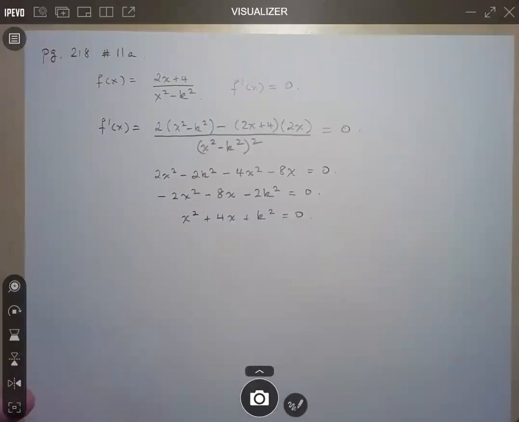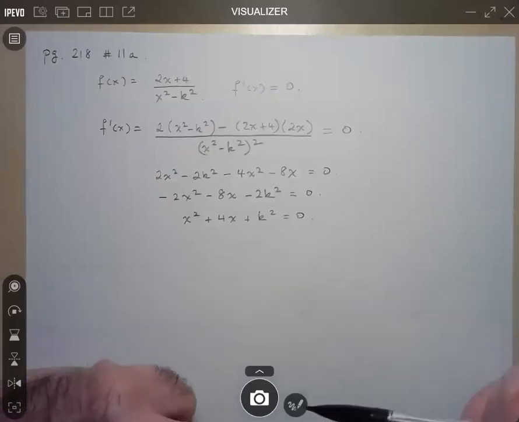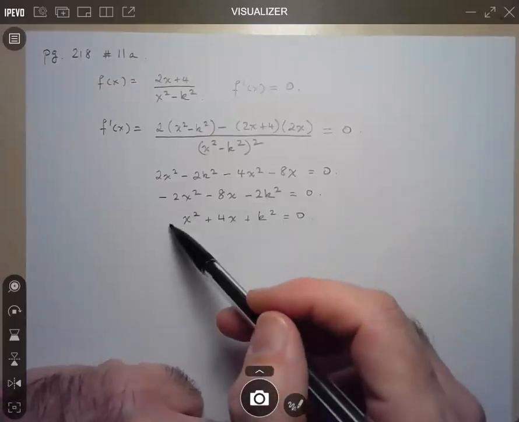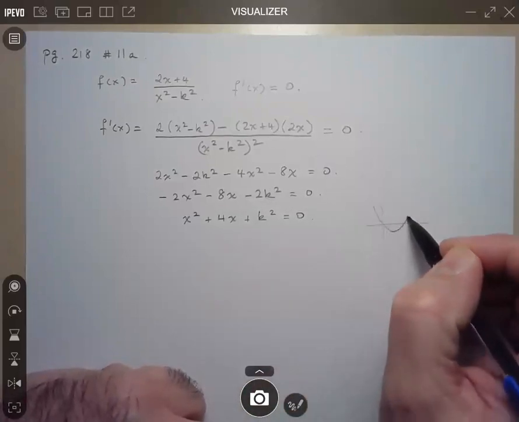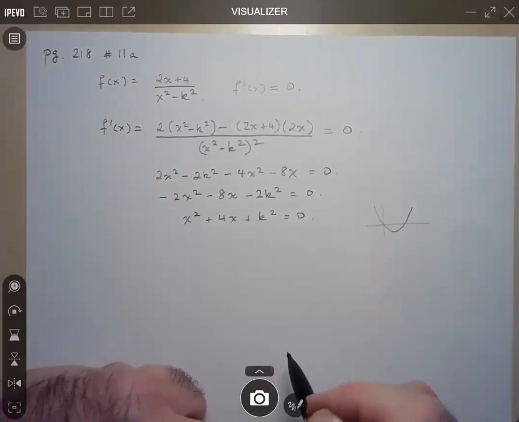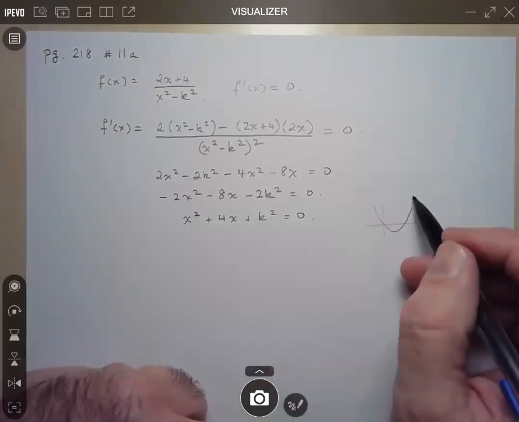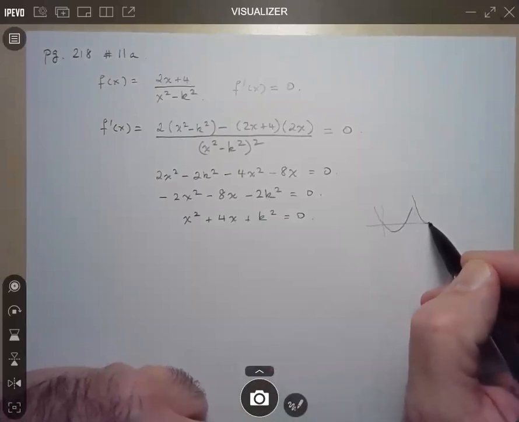We need to think back to a neat little trick you would have used back in grade 10, grade 11. Remember that when you have a quadratic with a positive leading coefficient, there's no guarantee that there are going to be zeros. There might be two zeros, you might have a single 0.